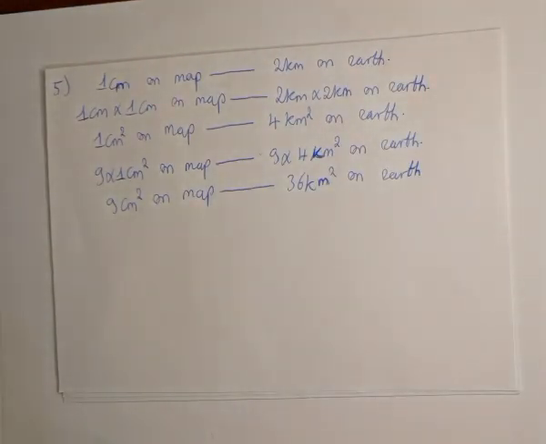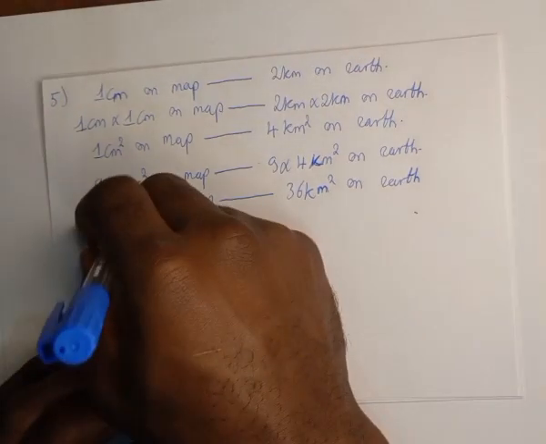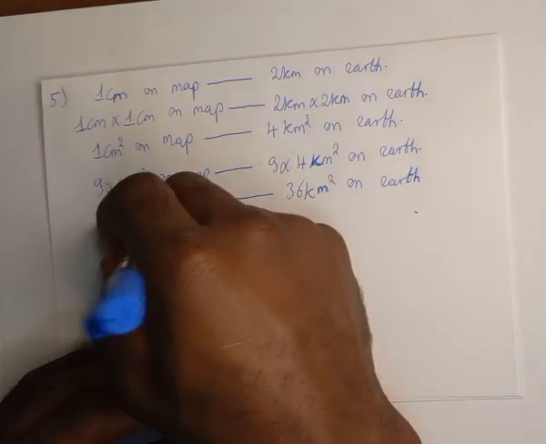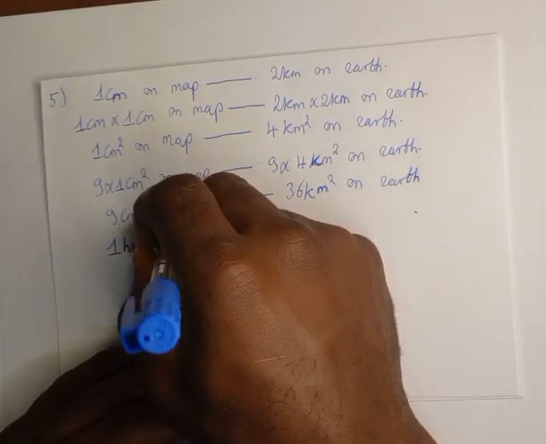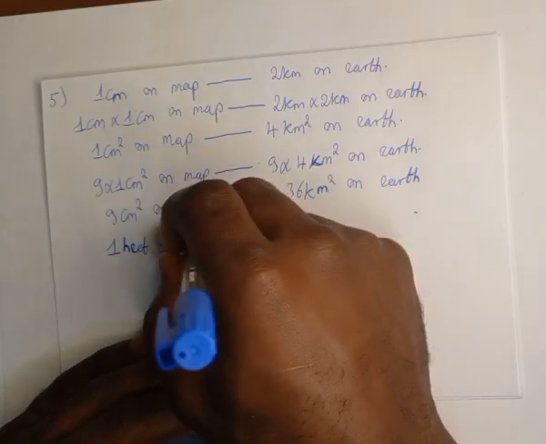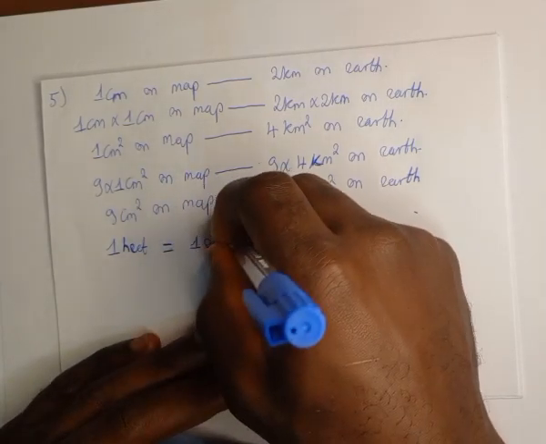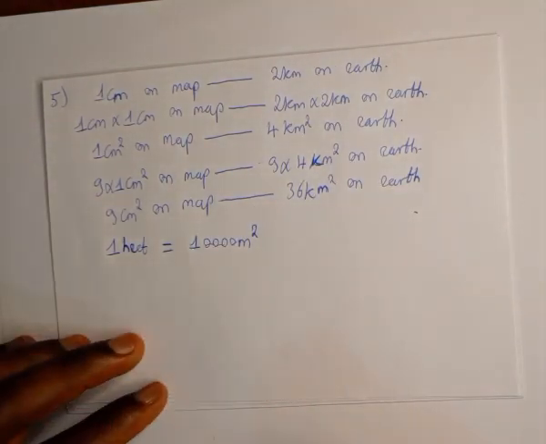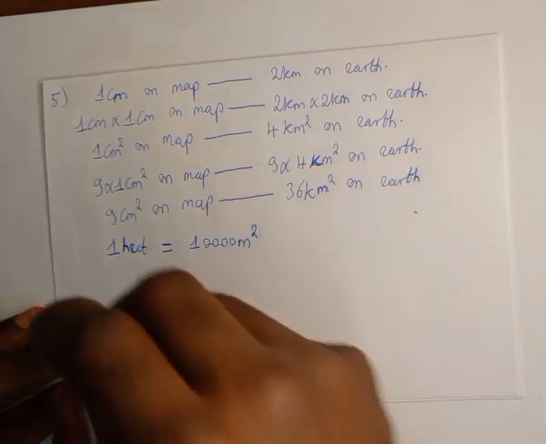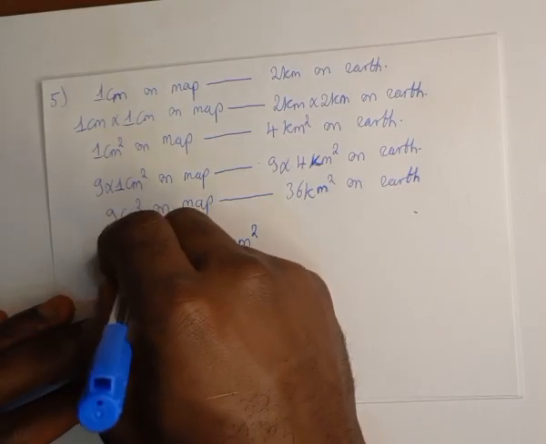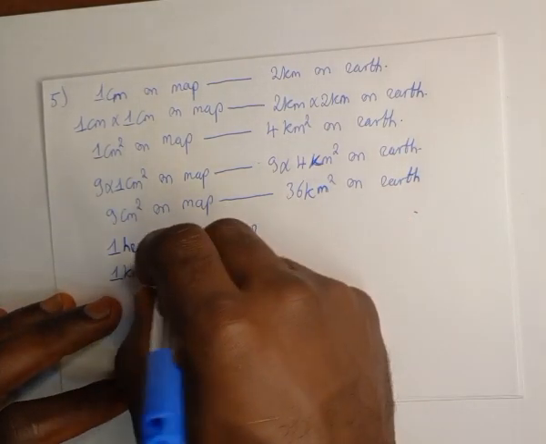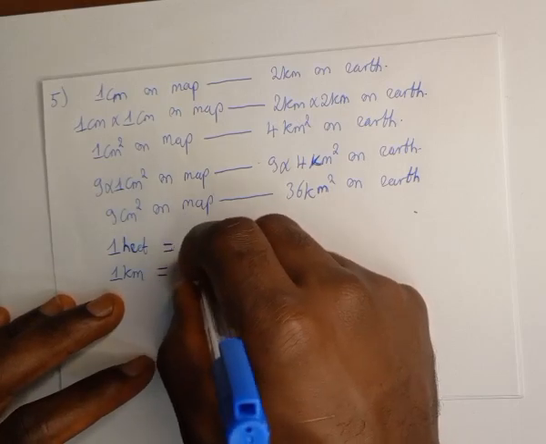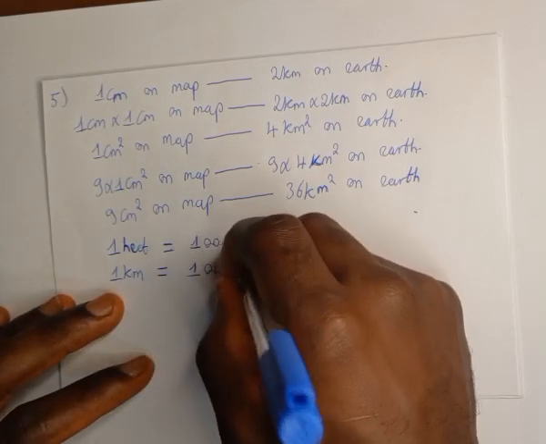Next, we need to convert the area to hectares. We know 1 hectare is equal to 10,000 meters squared. We know 1 kilometer is equal to 1,000 meters.